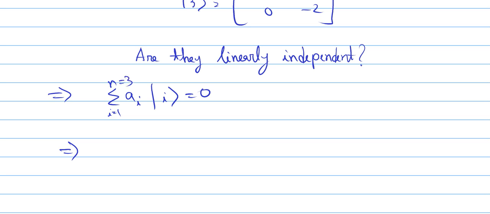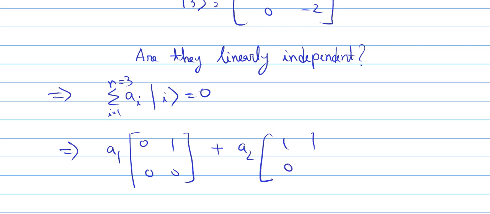Here n is 3 because we have only 3 elements. So let's write a1 with the first one, which is 0 1 0 0, plus a2 with the second one, which is 1 1 0 1, and the third one is -2 -1 0 -2, equal to 0.